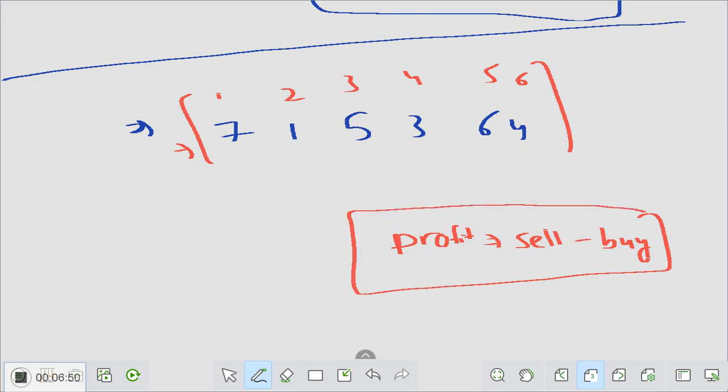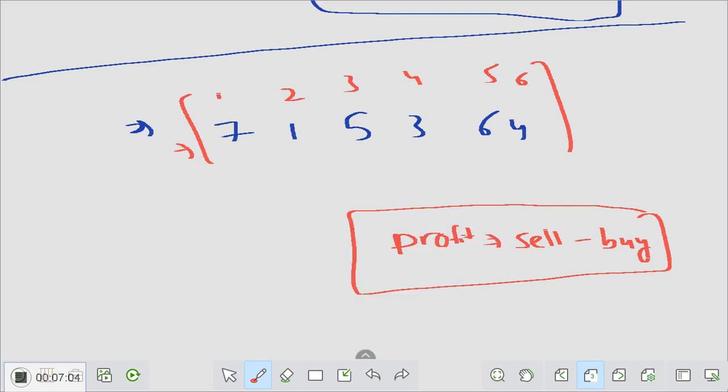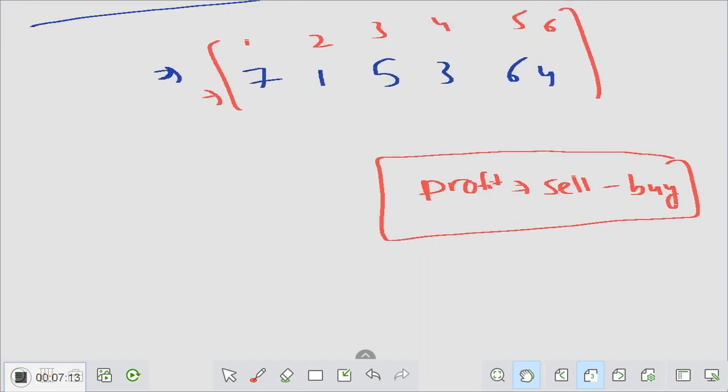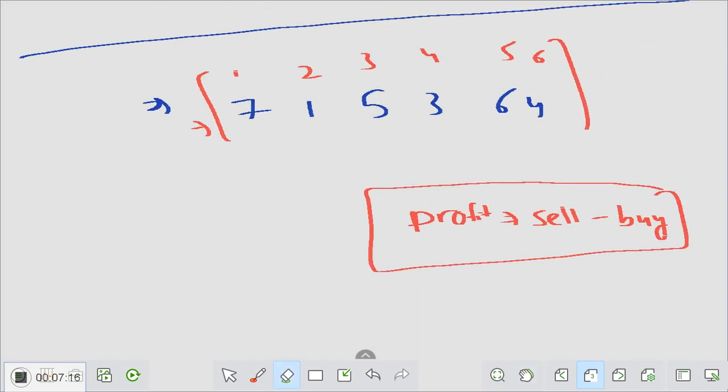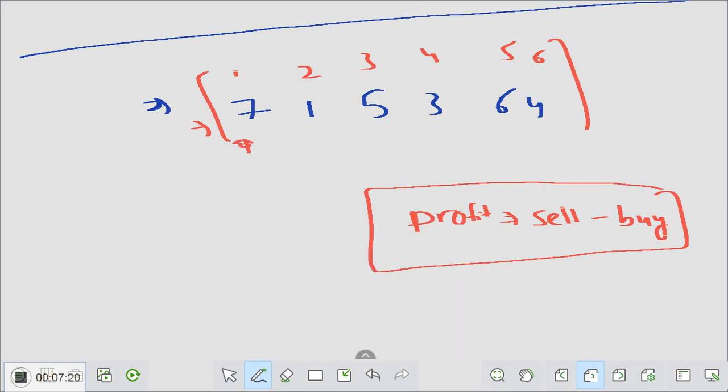So in order to maximize this profit, I can either increase the selling price or decrease the buy price, isn't it? So now what I am going to do is traverse this array, and let's say I'm at this particular day.